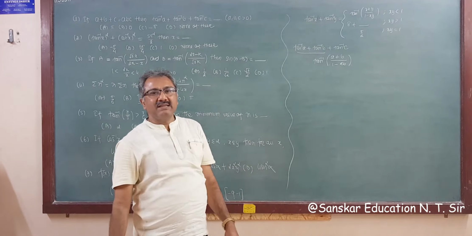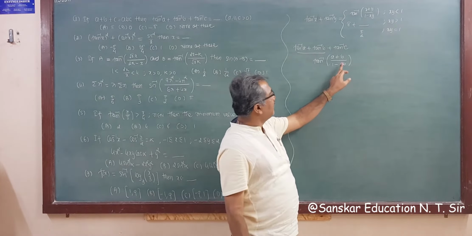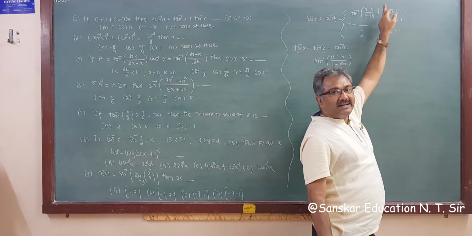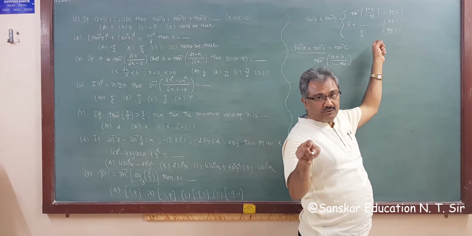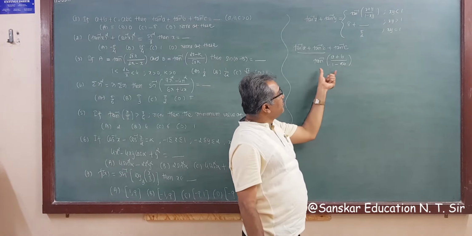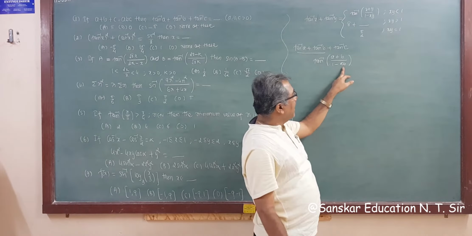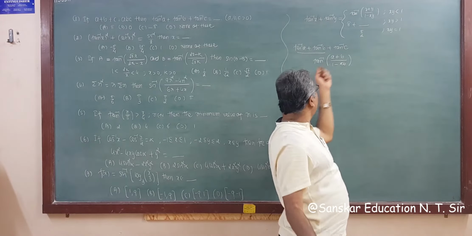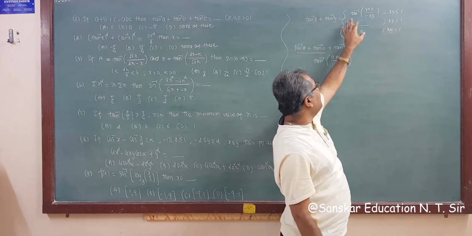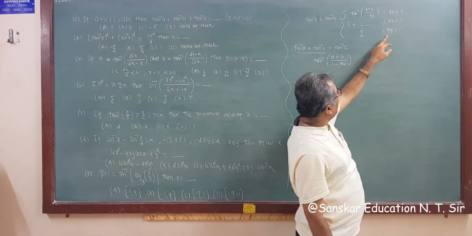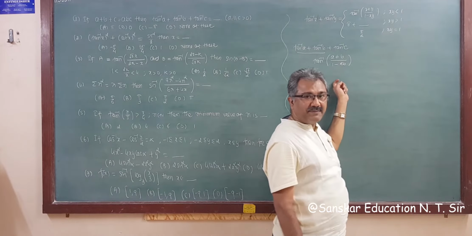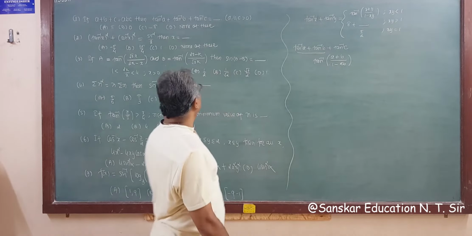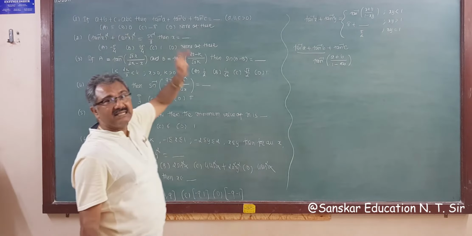For applying this formula, you must know whether ab is greater than 1, less than 1 or equal to 1. Otherwise you are not able to use this formula. If ab is greater than 1, then you have to put pi plus. If less than 1, then this formula is okay. But if ab is equal to 1, then you have to put pi by 2. So for that you are given one condition, a plus b plus c is equal to abc.